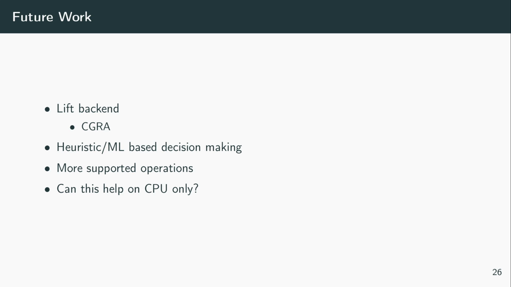This would basically decide whether or not to even schedule at the GPU at all. So in some cases, it would fall back to NumPy if the conditions were not favorable. We'll be adding more support for further NumPy and SciPy operations. And finally, we would like to investigate how this technique could help improve performance on CPU only.